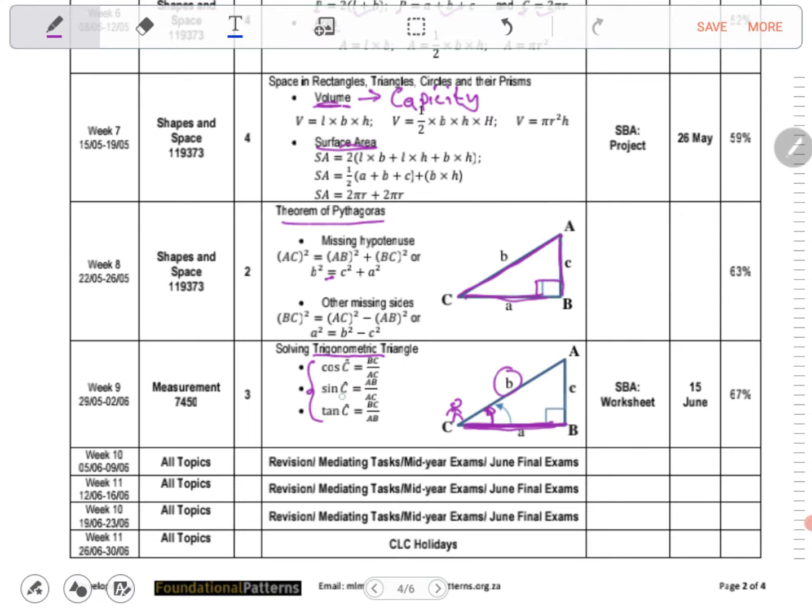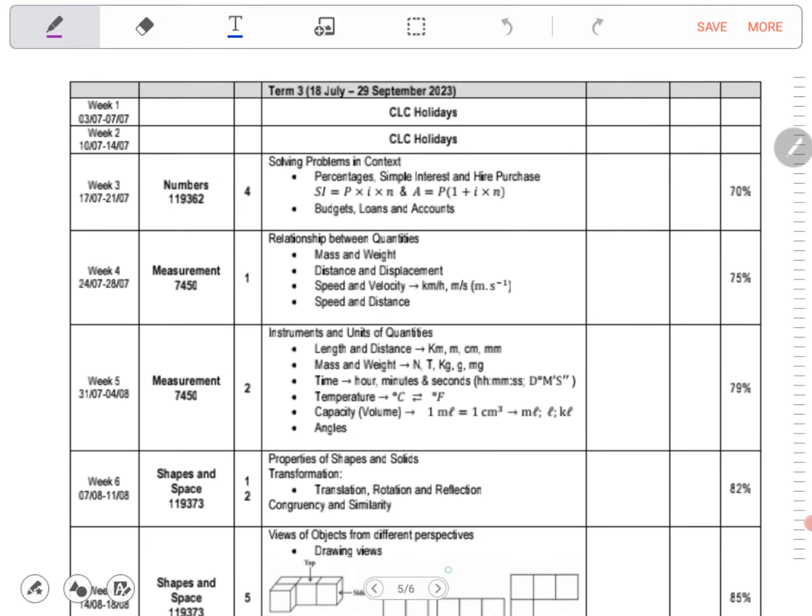Then sine of angle C will be opposite over the hypotenuse, and tan of angle C will be opposite over adjacent. So that is basically how we identify the trig ratios, and that's basically it for measurements.